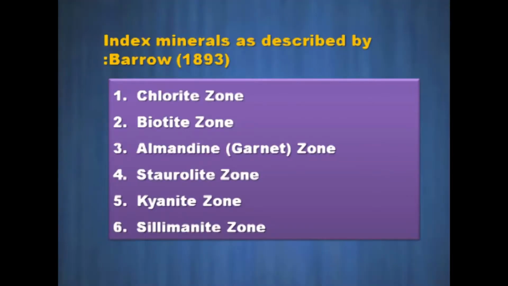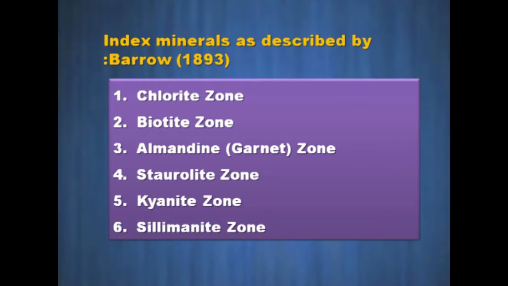The zones of metamorphism in the Scottish Highlands, originally described by Barrow in 1893, include six index minerals: chlorite, biotite, almandine garnet, staurolite, kyanite, sillimanite, etc.